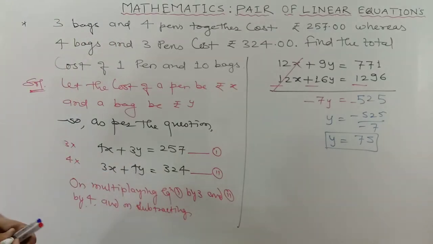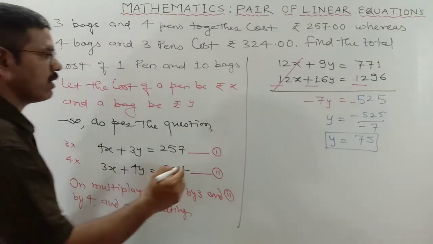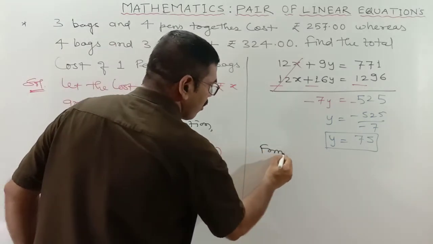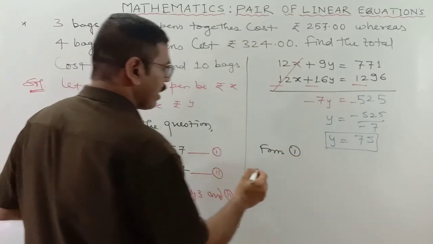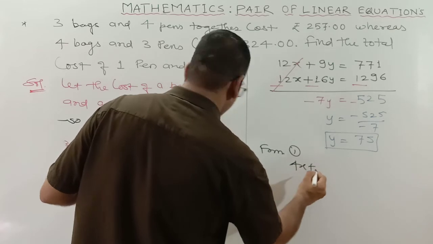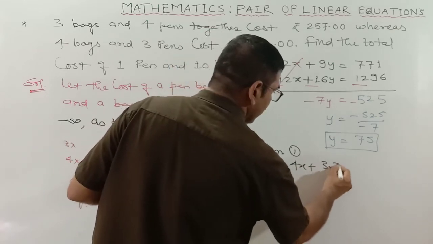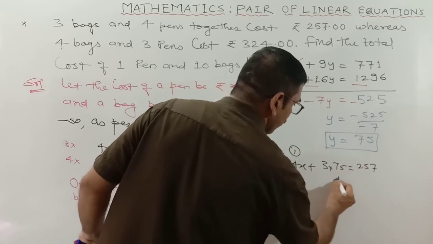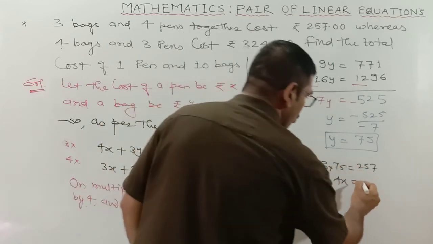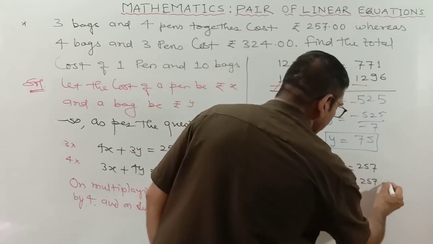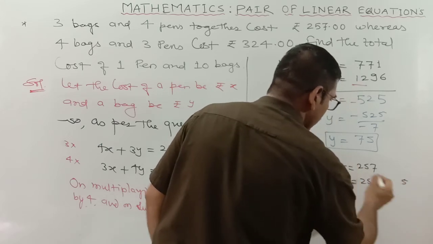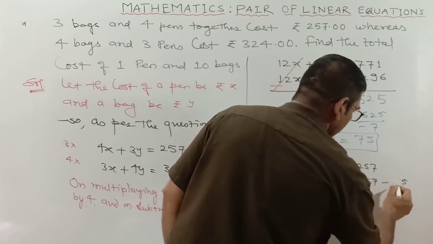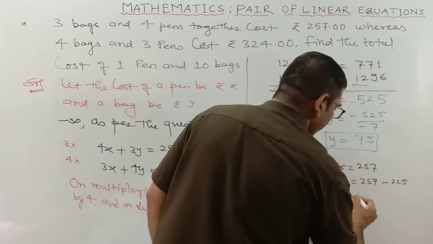Now you can just put the value of y in any of the equations. So from equation 1, 4x plus 3 into 75 is equal to 257. So 4x is equal to 257 minus 225.